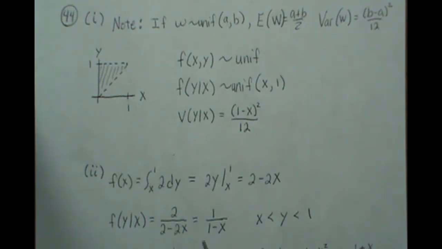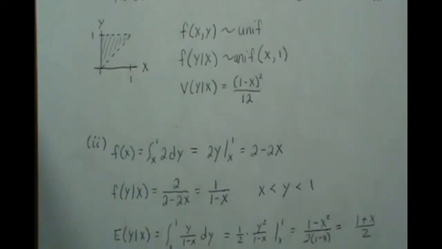Already from here, you should see that this is a constant with regard to y. Given x, this is constant. That already tells you that this is uniform on this interval when you condition. But if you didn't notice that, you'd keep going.